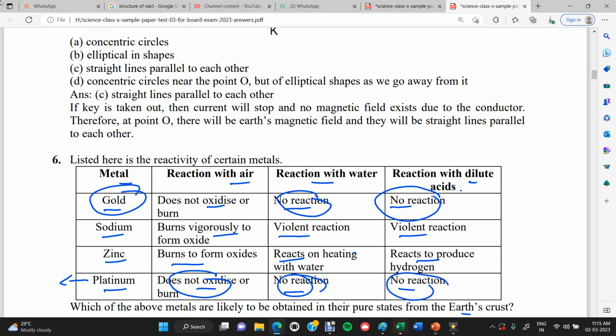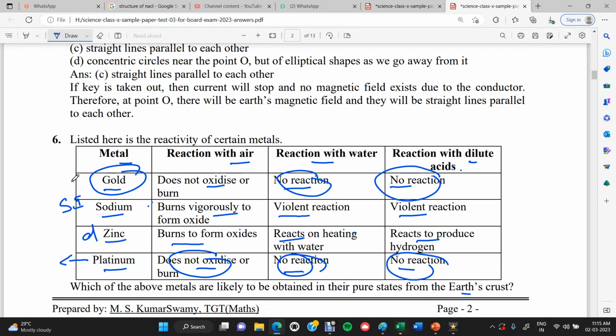Sodium and zinc, these are all reactive metals. As we know, sodium belongs to first group, right? And zinc belongs to D block elements. This is S block element, this is D block element. So these are all reactive, right? But gold and platinum are unreactive. That is why these two are directly available in the earth.